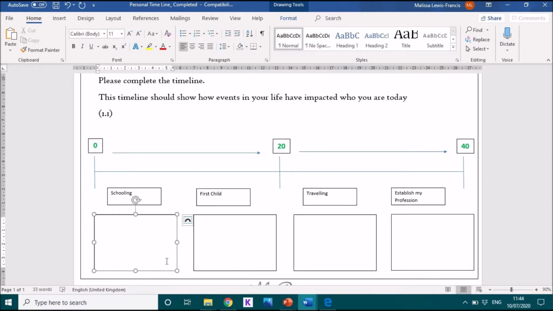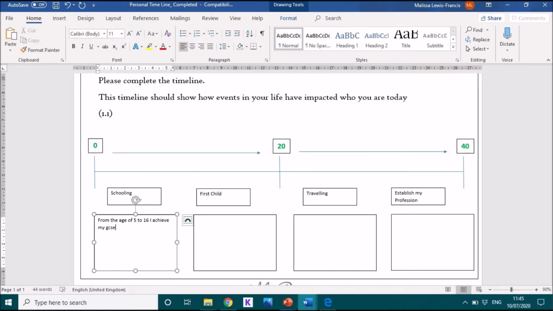The box that's highlighted here enables you to detail what happened during that time of your life. So for instance, schooling, you would put something like from the age of 5 to 16, I achieved my GCSEs.